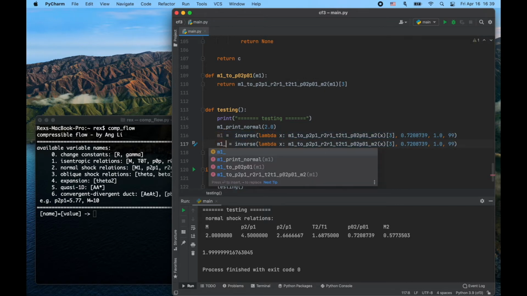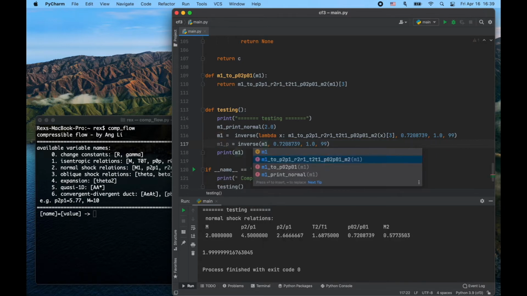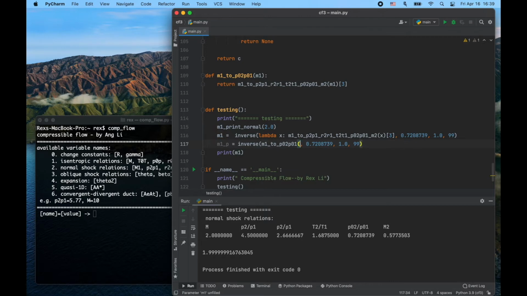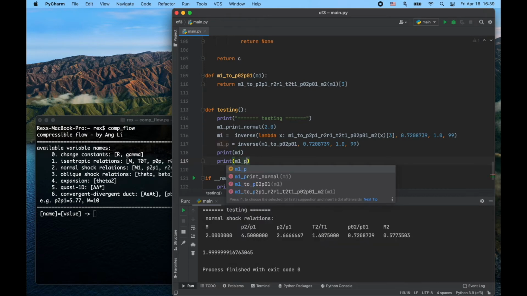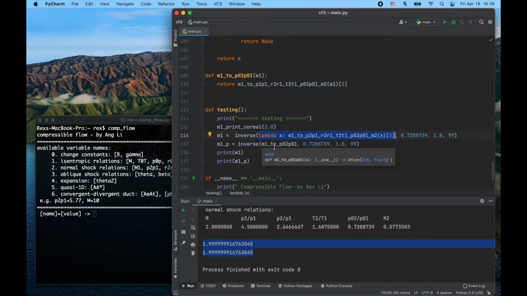So I call it M1 prime. And here we have that. This should give us the same value, right? They are exactly the same, which means writing down lambda x and this whole thing like that is equivalent to defining another function and using that function here.